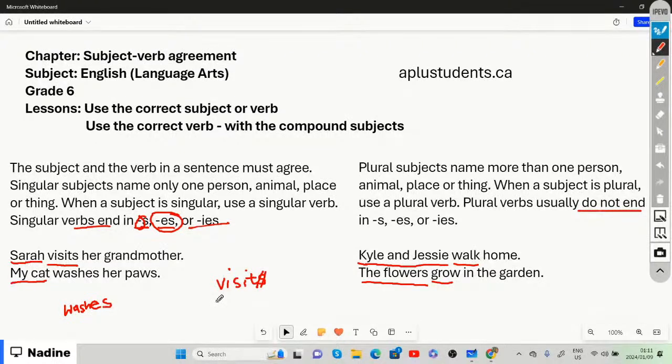Singular verbs end in s, es, or ies, whereas a plural verb does not. We made a few examples of both, but for both singular and plural subjects, the subject and the verb in a sentence must agree with one another.